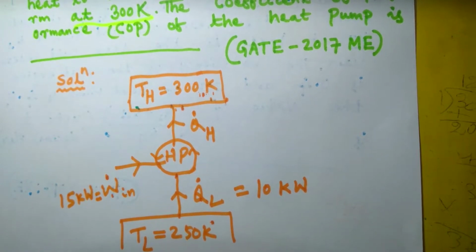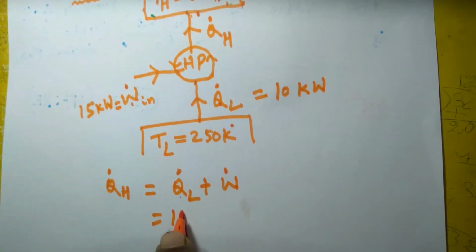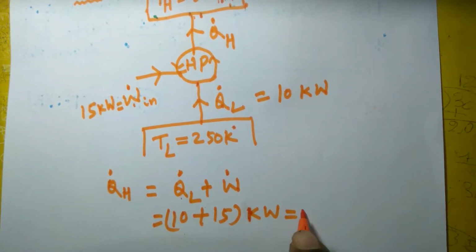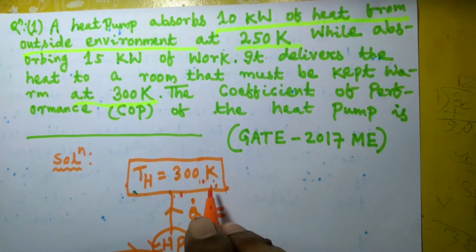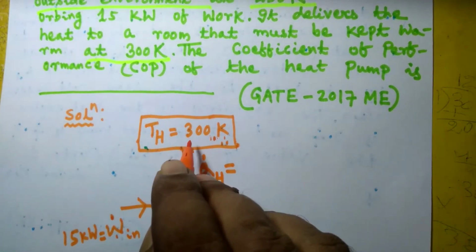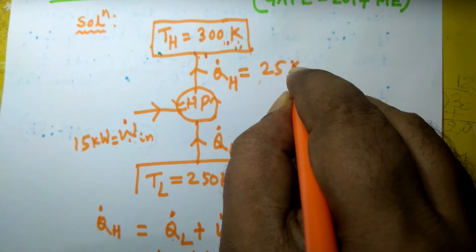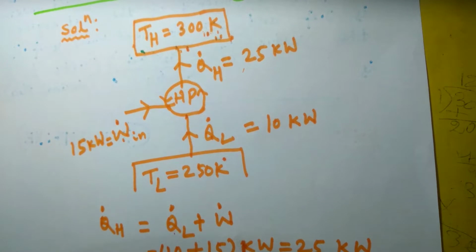So Q dot H is equal to Q dot L plus W dot, and this is equal to 10 plus 15, that is 25 kilowatt. So this rate of heat flow to the room to maintain the temperature of the room at this level is 25 kilowatt.